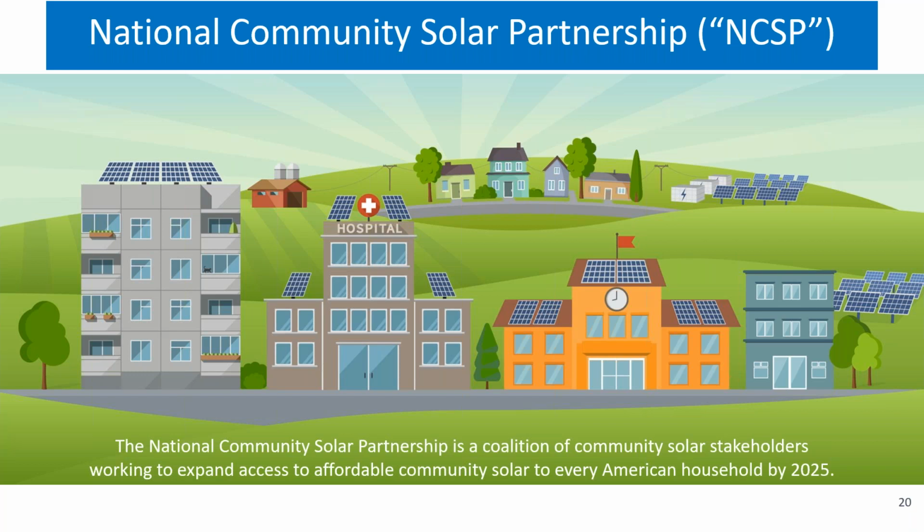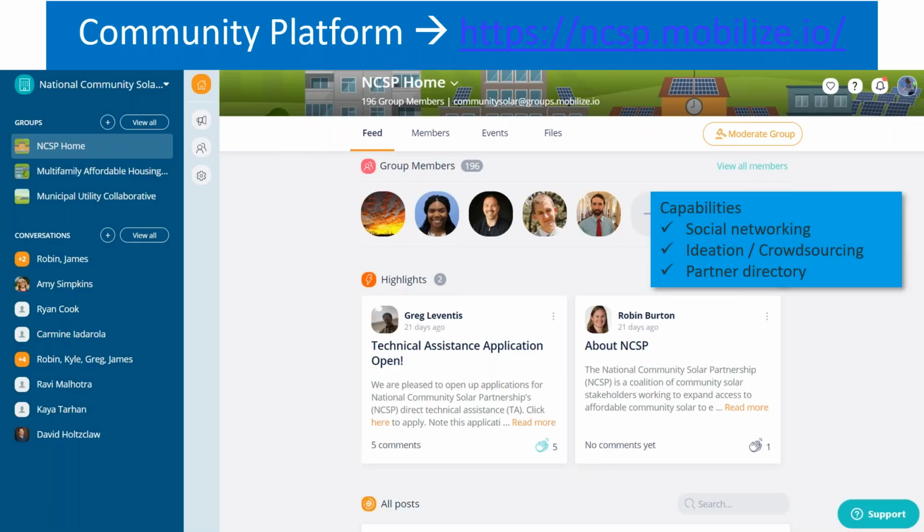So it is quite a large effort that combines general assistance and resources with a one-on-one technical assistance program, as well as individual efforts that are focused on developing community solar within municipal utilities, as well as on multifamily affordable housing buildings. We do have a partnership and a way to register.